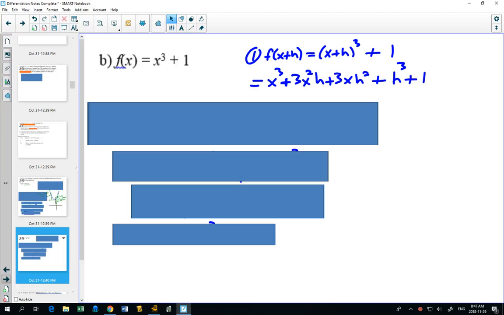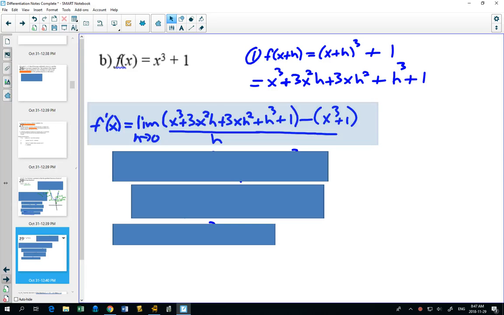You could use Pascal's triangle to get the coefficients of 1, 3, 3, 1. Or you could just write out x plus h, x plus h, x plus h, and multiply it all out. So it's a little bit time consuming sometimes. But then we can apply the definition.